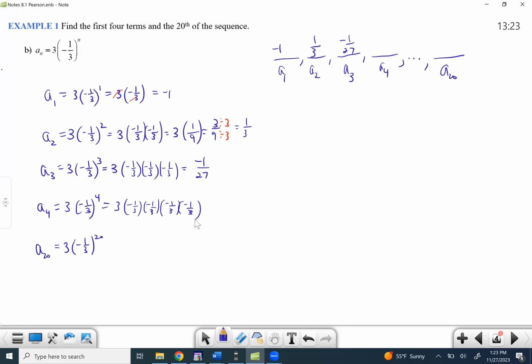Makes the math a little easier. Like I'll combine these two and I'll combine these two. So it's really 3 times, well, -1 times -1 is 1, and 3 times 3 is 9. So we're going to get a 1/9 and a 1/9 from each pair. So this is going to get us 1 times 1 is 1, 9 times 9 is 81.